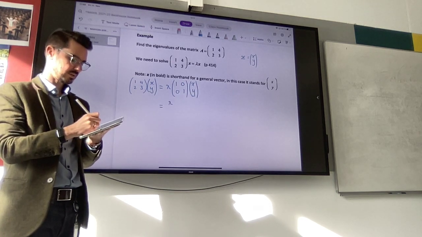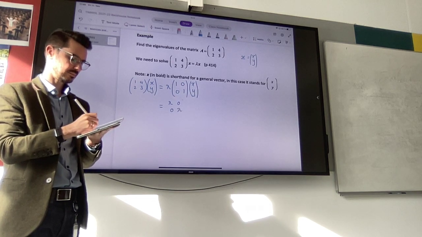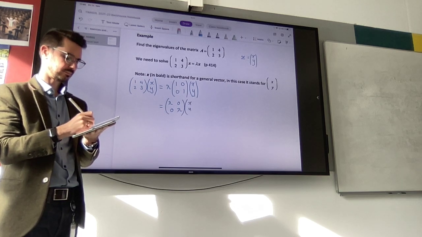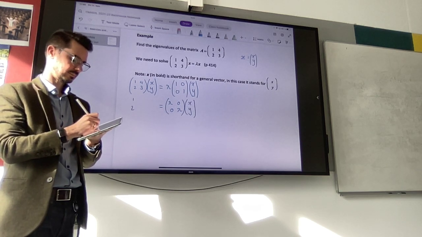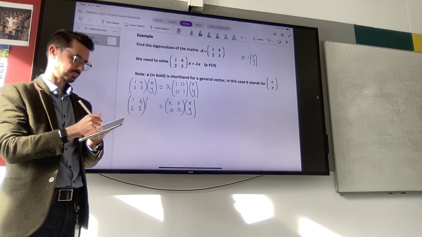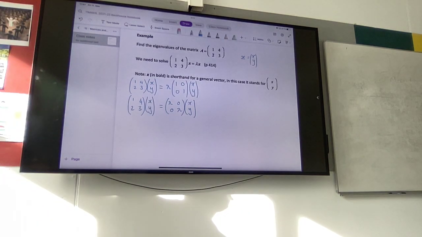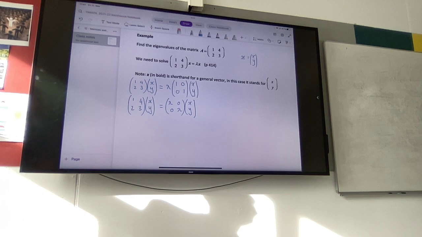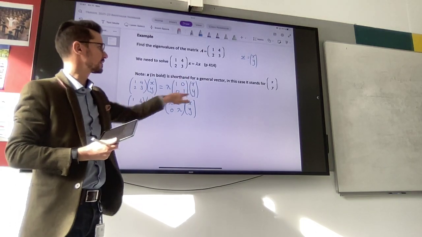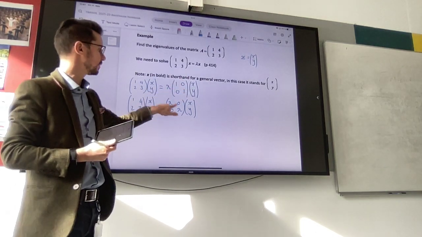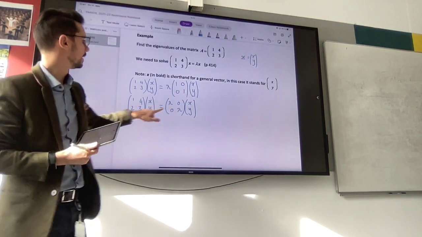It would be lambda 0, 0, lambda. Okay, so we've multiplied this side by the identity matrix, we've multiplied the scalar in.